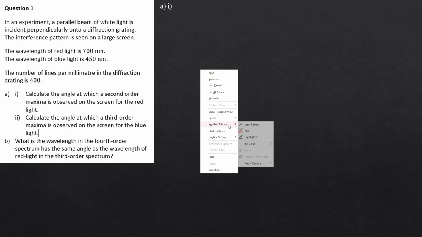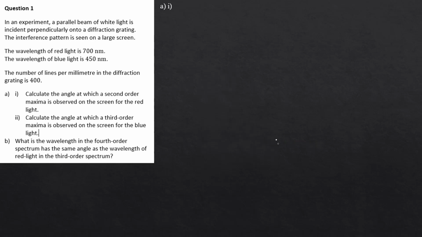First, let us change the color. We're going to go white first, okay? So we're going to use the formula d sin theta is equal to m lambda. This formula is very similar to the formula that you used in the Young double slit experiment.